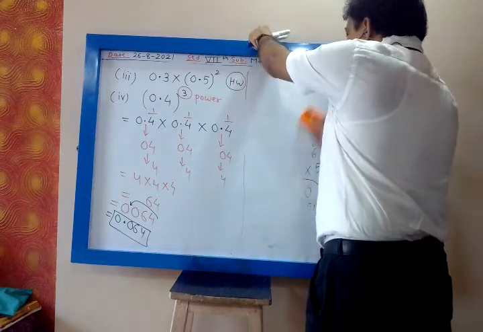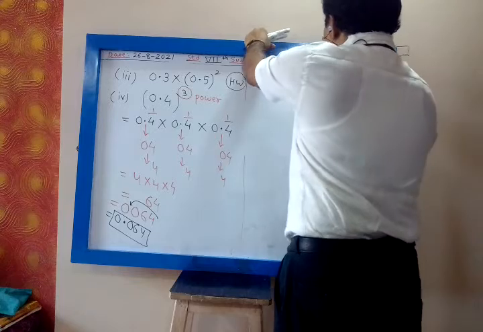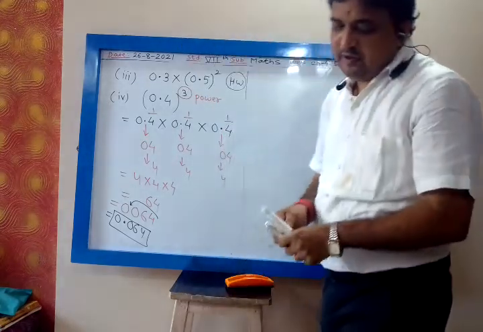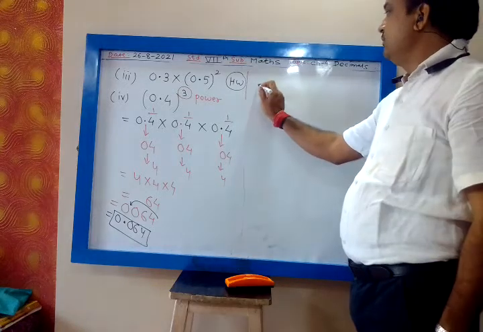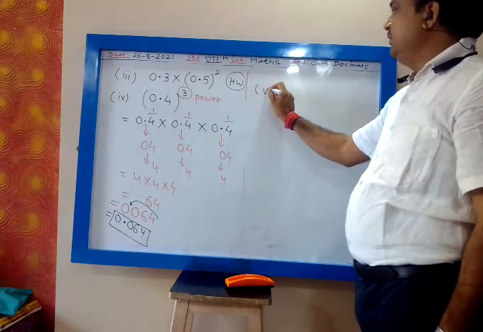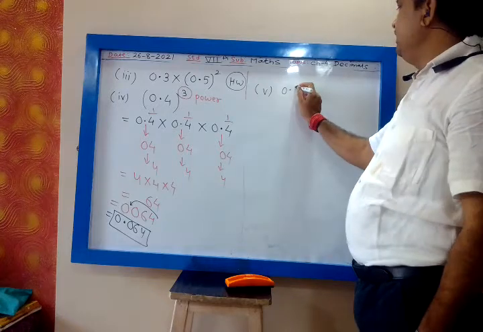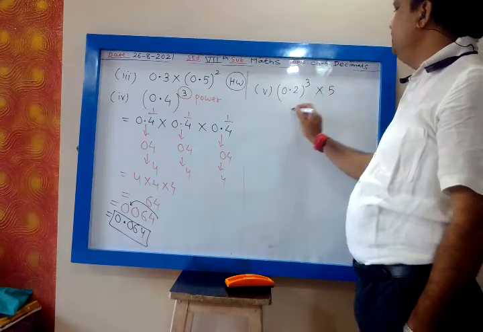Now 0.2 power 3 into 5. Which one? Fifth one. 0.2 power 3 into 5. Let us multiply.